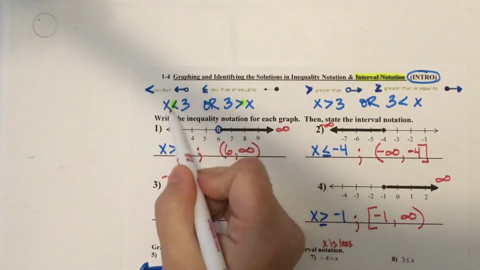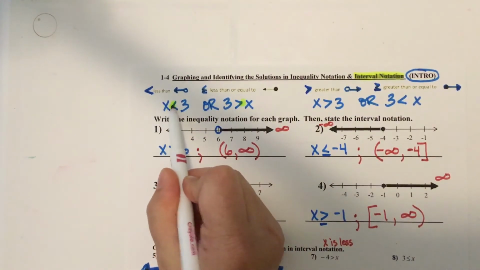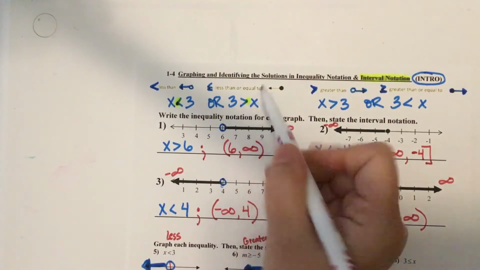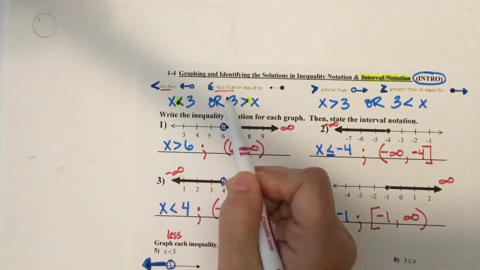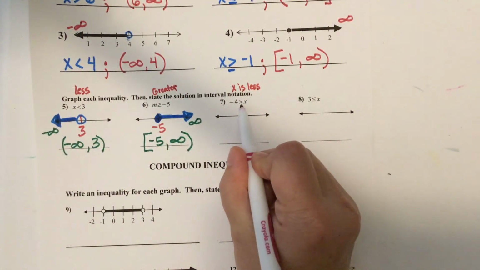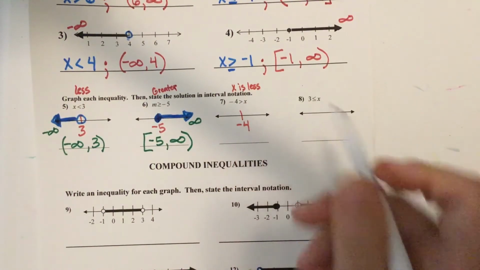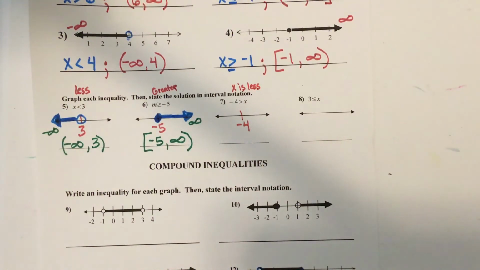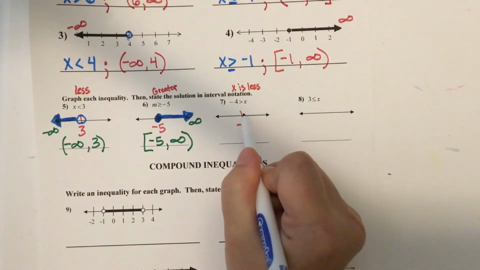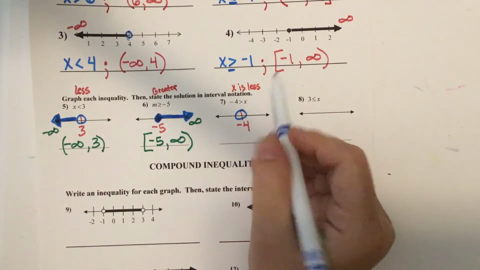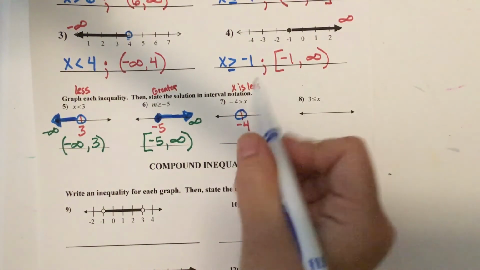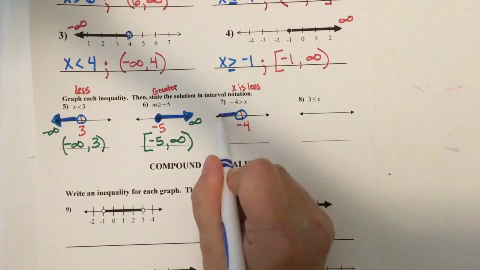Remember, if the pointed end faces the variable, it's less than. All right, so this says x is less than -4. So I put -4. Will it be an open or a closed circle? Open. And if it says x is less, less is left.